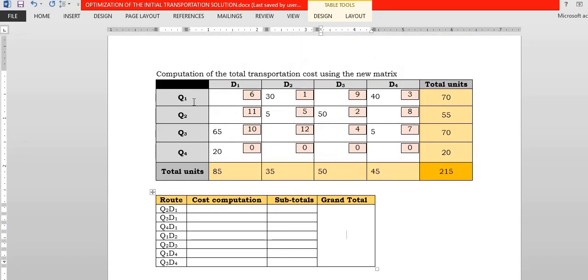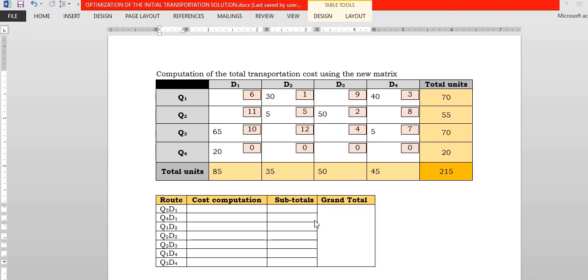So you have Q1, D1 empty, Q2 empty, it goes to Q3, then Q4, then we have Q1, D2, then Q2, D2, then Q2, D3, then Q1, D4, then Q3, D4.